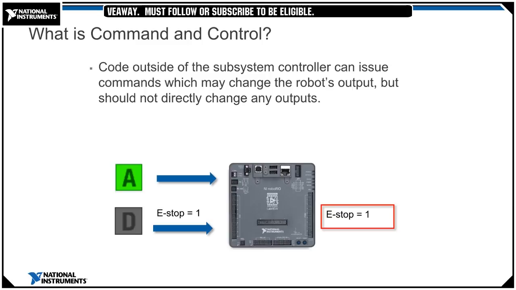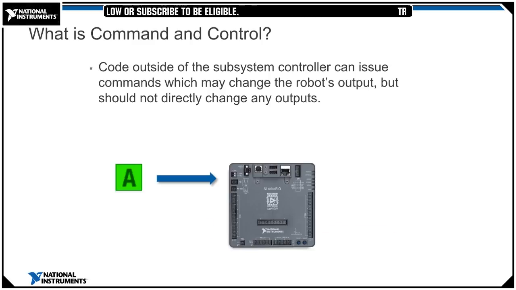So in the example we have here on the slide, we're assuming that our auto operation is going along, we're feeding it a 1, that's the value we want to send to the motor, right? And then all of a sudden we have to e-stop it for some reason. So you hit that space bar to e-stop your robot, and that e-stop command is going to override the autonomous code that's already running. So that's the idea behind command and control.